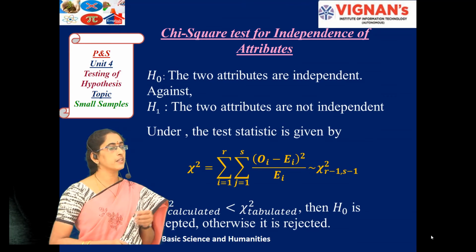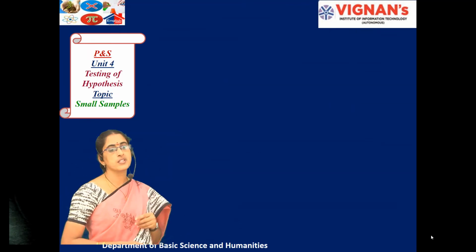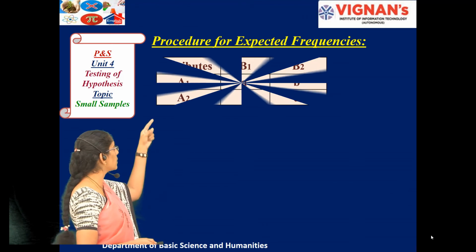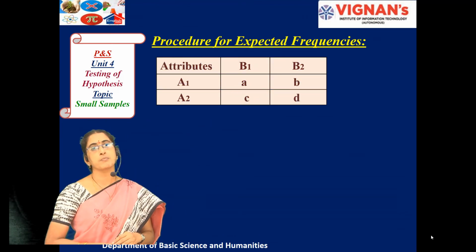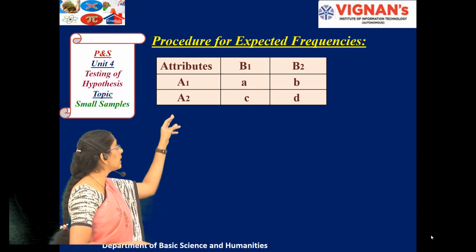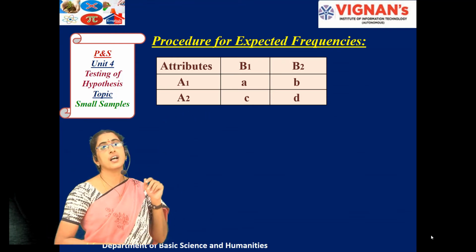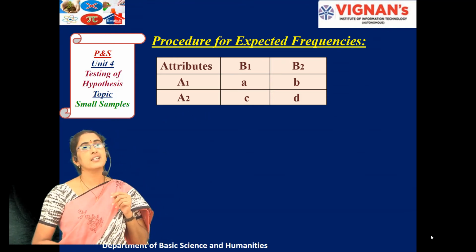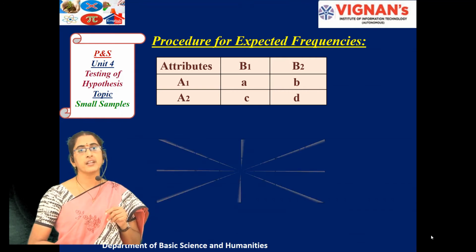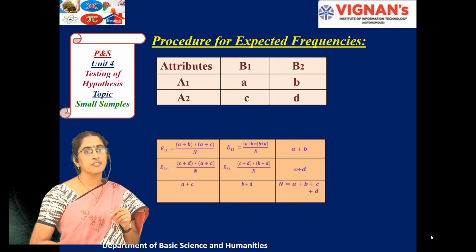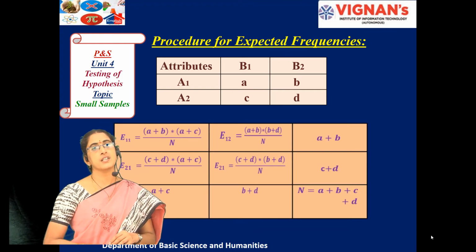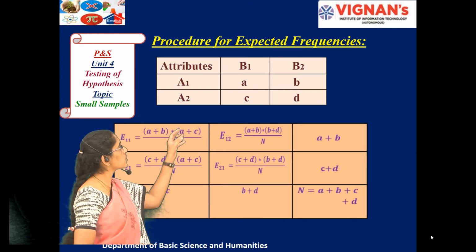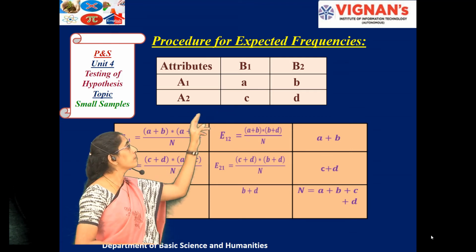So what are this R and S here? For example, consider the two attributes A and B, where A is represented in two classes A1, A2, and B is represented in two classes B1, B2. Then a, b, c, d are known as the observed frequencies. For these observed frequencies, we have to obtain the expected frequency using the formula Ai into Bj by capital N, where N represents the total frequency, which must be equal to a plus b plus c plus d.